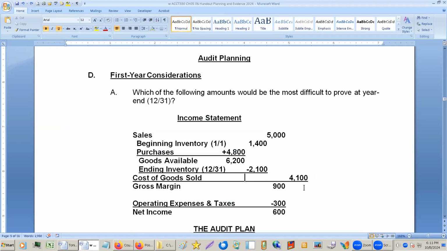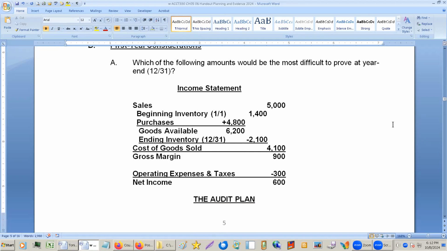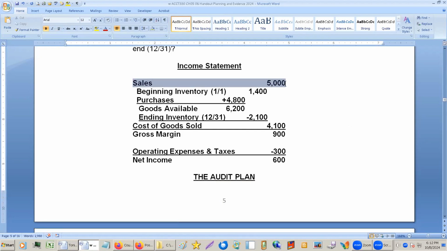Okay, so here's our income statement, and we have our sales. This is throughout the year.